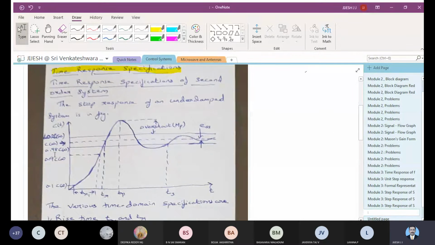All these terms are there. 90 percent, 0.9. So it has to be at 0.9. This is the maximum value 1. This is 90 percent, means 0.9, and this is 98%, 0.98. So these values where you draw these points, you should be careful. Draw as it is, how I have shown here.